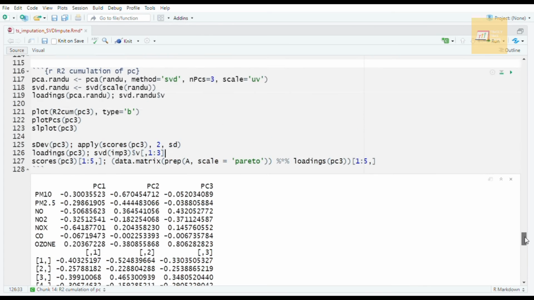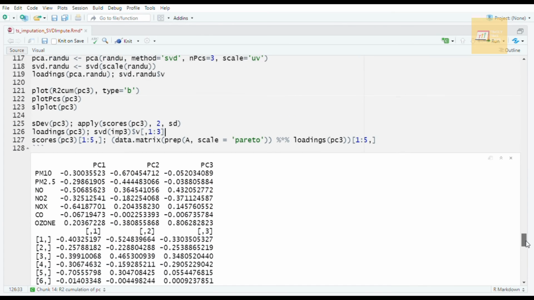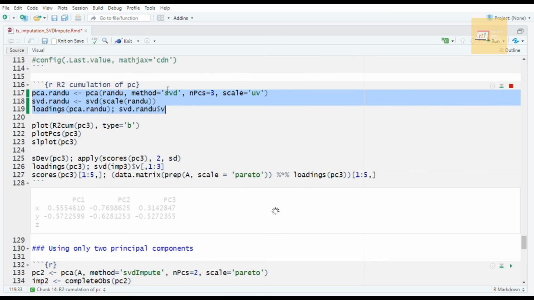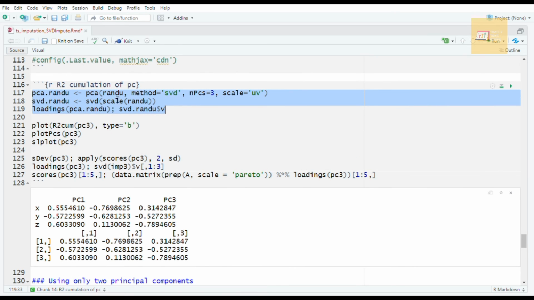But I can show you that the loadings are indeed the columns in matrix V, by running these three lines. So we have a data set that is in R already, called rand_u.